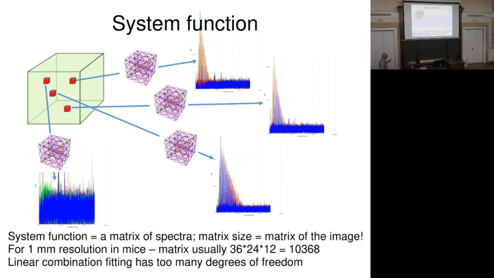What I see here as a big problem is that the system function is really a matrix of spectra, and really a very big matrix.